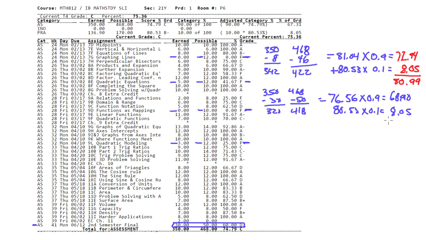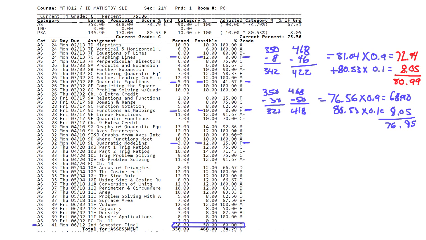Oops, that's 69. Sorry, it's being a little glitchy here. Plus 8.05, so that would have been a 76.95. So just by taking the final, getting a 60% on the final, our grade rose over 4%, just because we got to drop all those poor test scores.